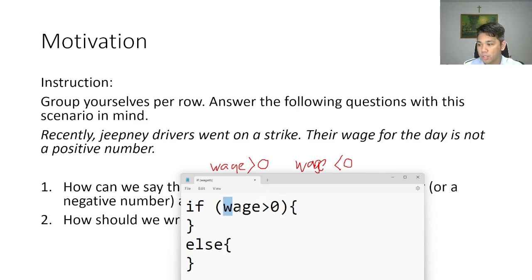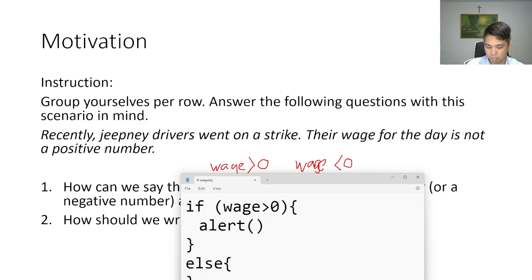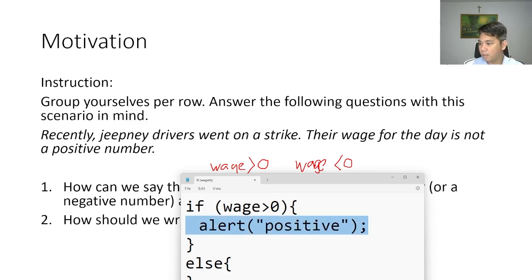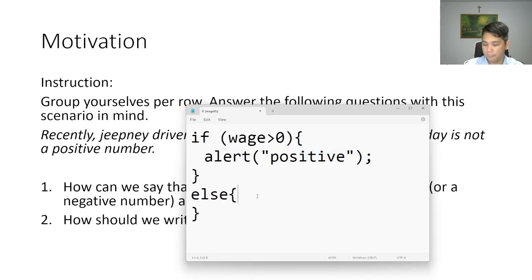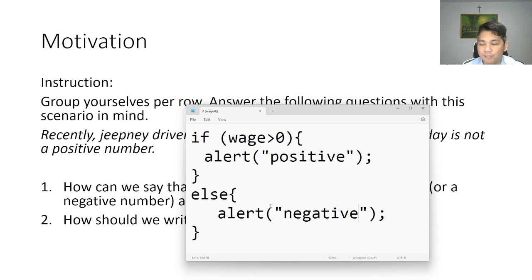If wage is greater than 0, it means we will display, let's say, alert, positive. And then if it is false, therefore, the variable contains a value that is negative.